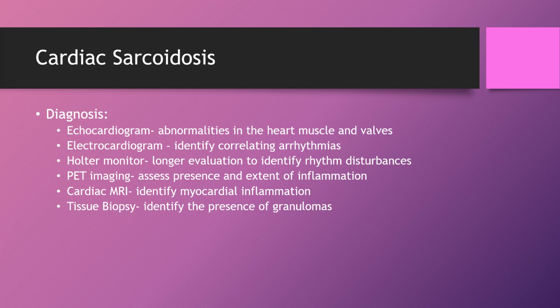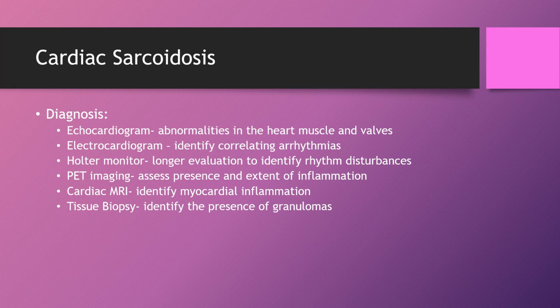So diagnosis is kind of complicated for cardiac sarcoidosis, but there are a couple of procedures that assist. First of all, an echocardiogram will show abnormalities in the heart muscle and valves.